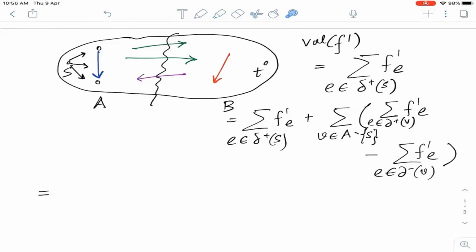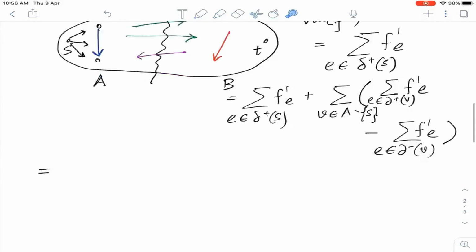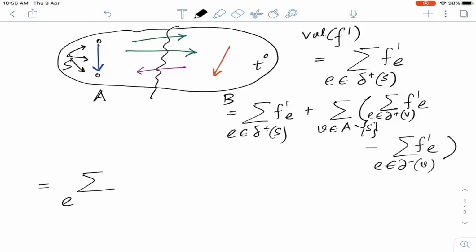So then who can tell me what I am really left with? After discarding the red edges and the blue edges, what am I really left with if I write this summation? Which are the edges that appear with a positive sign in this summation and which do not cancel out? Which edges are relevant for that?